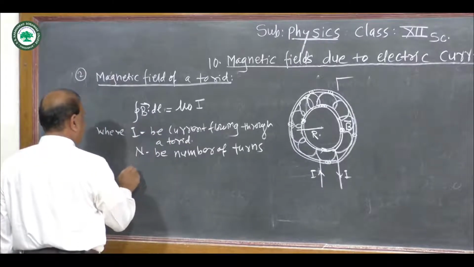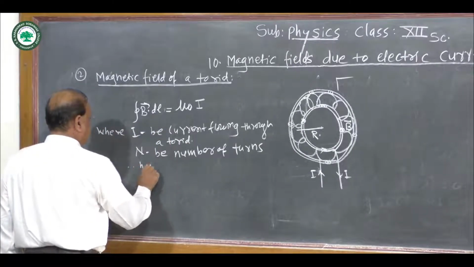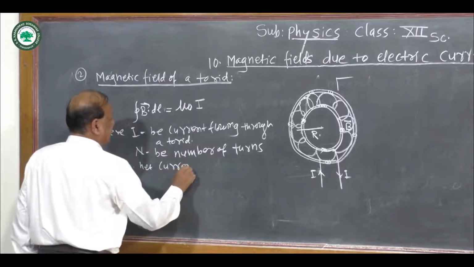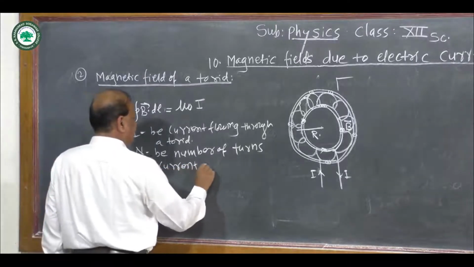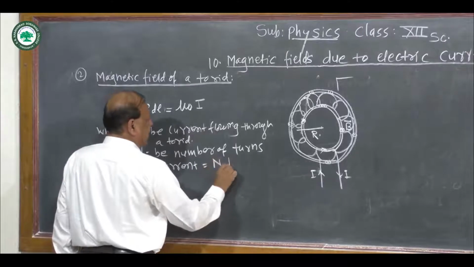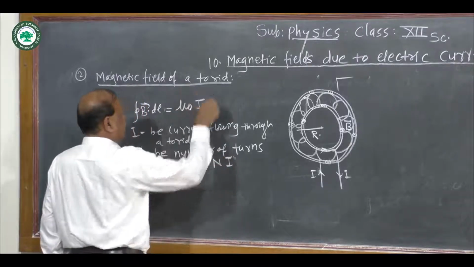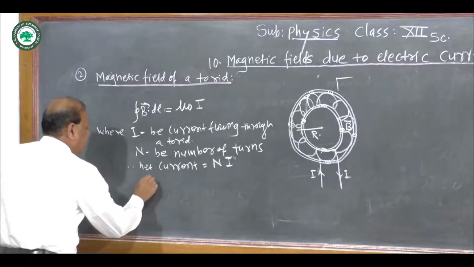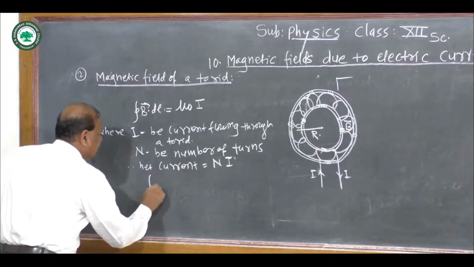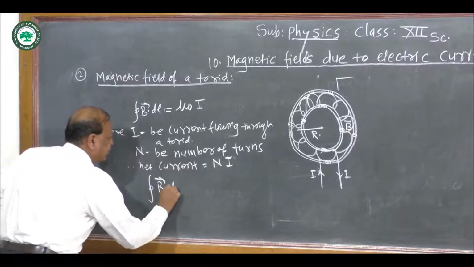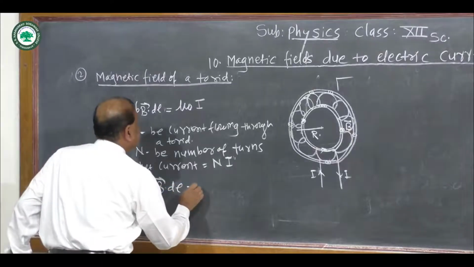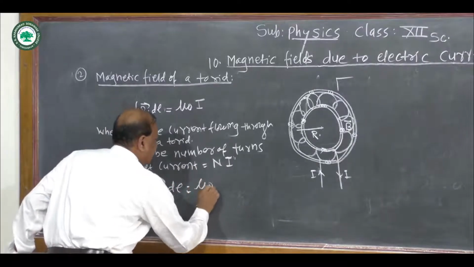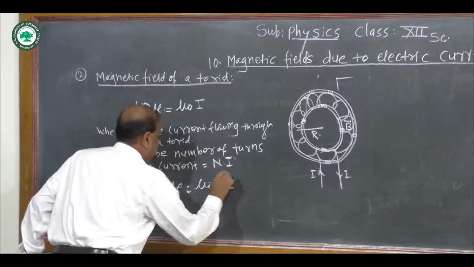Therefore the net current is equal to Ni, and now Ampere's Circuital Law becomes: the closed line integral of B dot dl is equal to mu 0 times Ni.